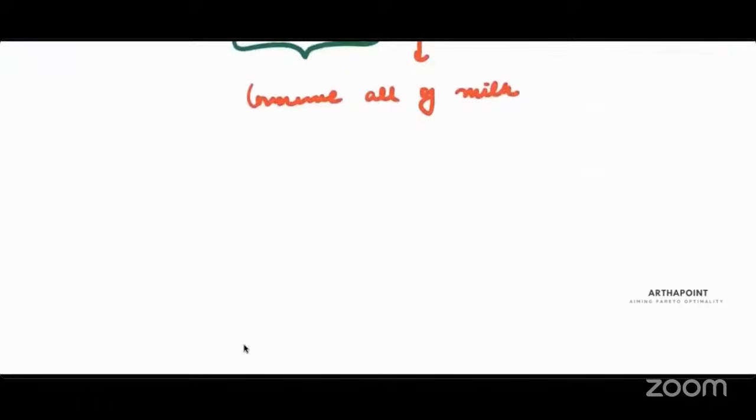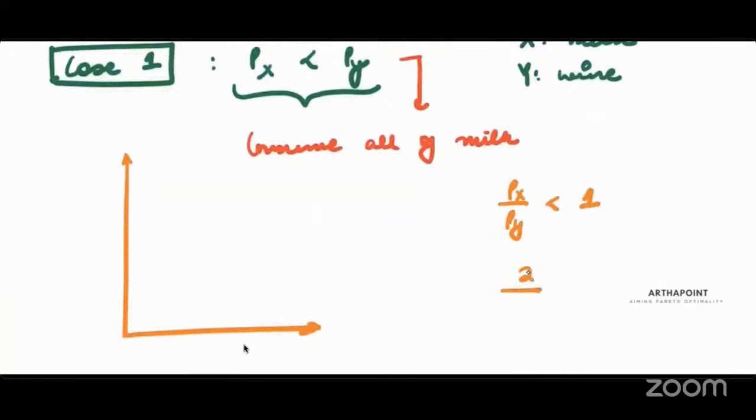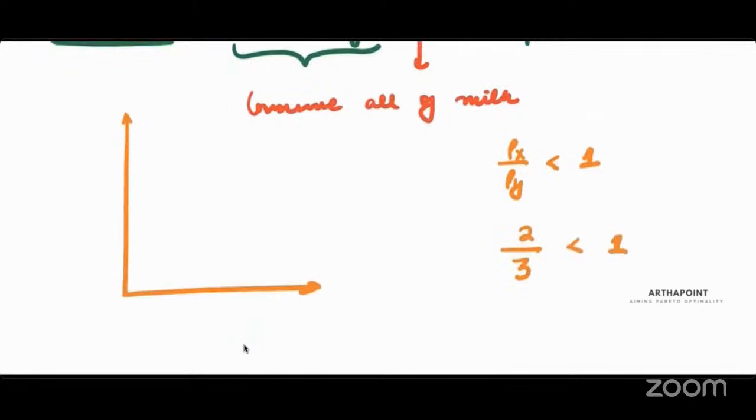How do I show this? Supposedly, because Px is less than Py, I get from here a budget line, which is, let's say, Px by Py less than 1. So let's say my Px is 2, my Py is 3, and this is less than 1. If I have to jot down the budget line for this, this is 1, 2, 1, 2, 3.